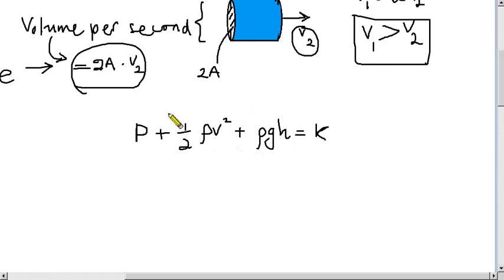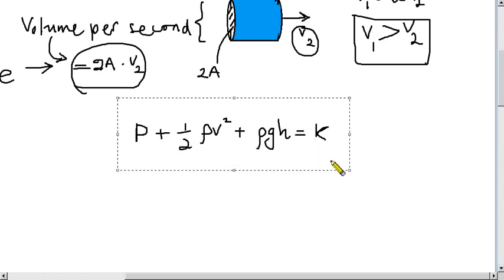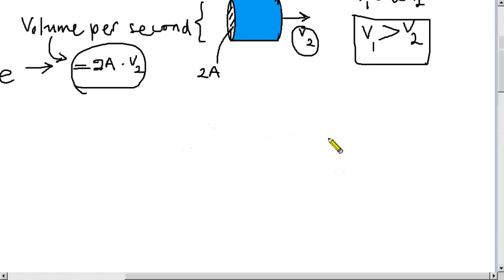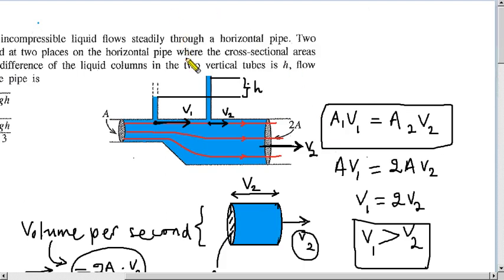Therefore we can take the kinetic energy change. The kinetic energy has been changed because the velocity has been changed, V1 to V2. So the change of kinetic energy we can calculate, and it must be equal to the change of potential energy.